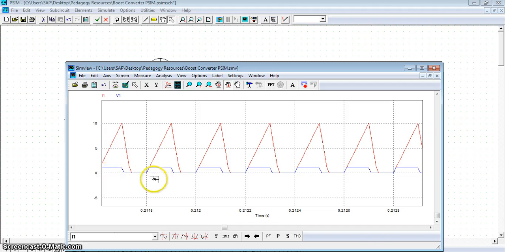From the figure it is clear that the input inductor current increases during the turn on time, then during turn off time it decreases to 0, then its value is 0 for the rest of the turn off time period. That is, here the boost converter operates in discontinuous conduction mode.